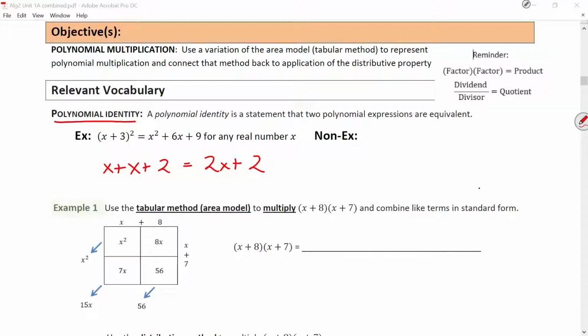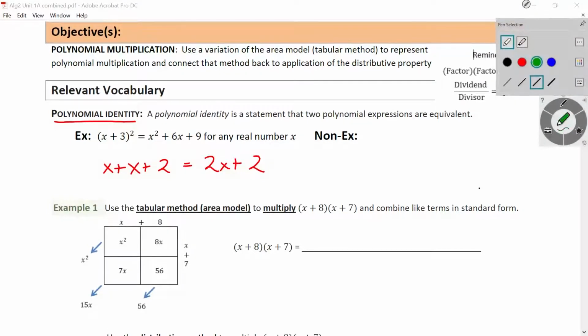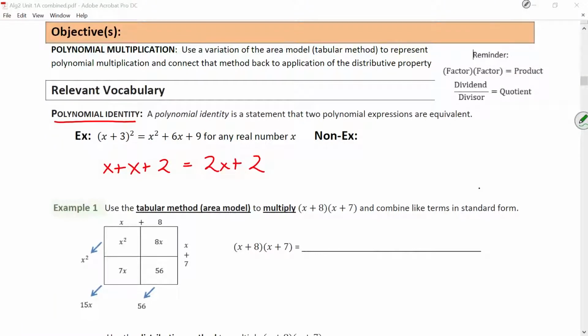Some non-examples of a polynomial identity would be 2x = 8. That's not true for all real numbers. It's only true for some of them, in this case, the number 4.